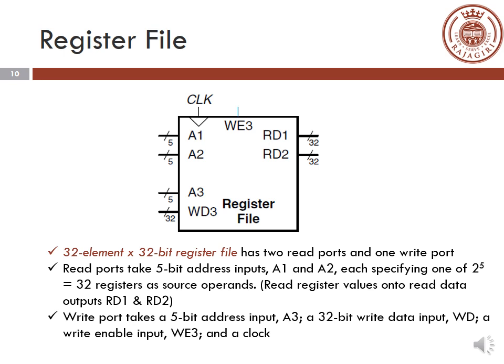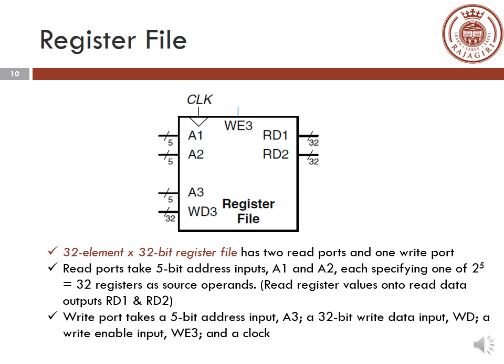You have given the address in A3, and the data to be written, which is of course 32 bits, will be provided in the WD3 port, which is again a 32-bit write data port. Along with this, we also need to give an enable signal called the write signal, and this write operation happens along with a clock signal.